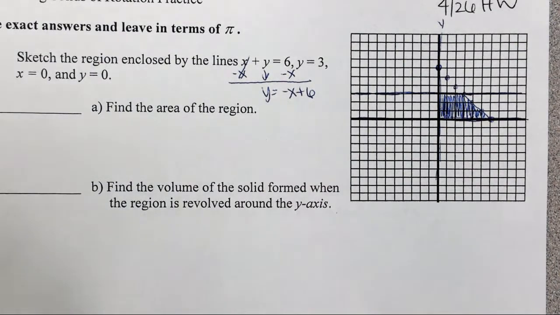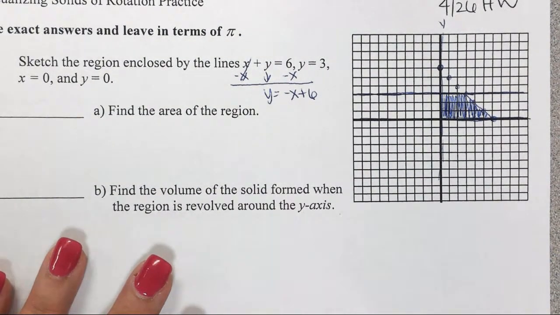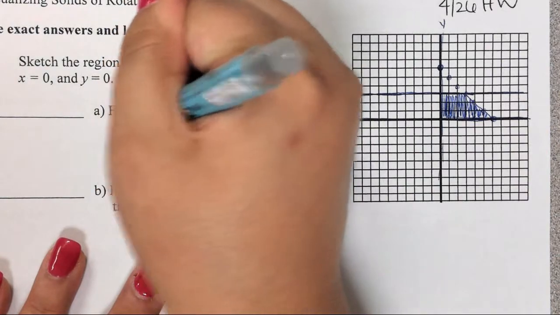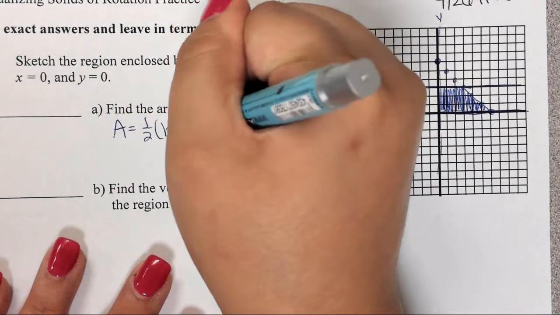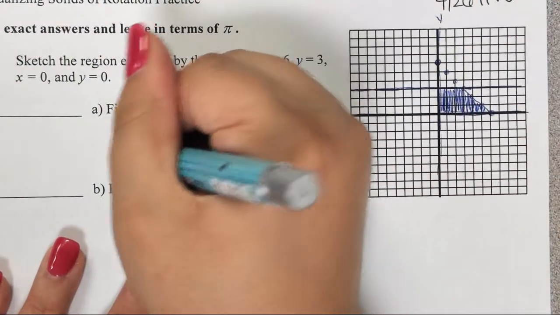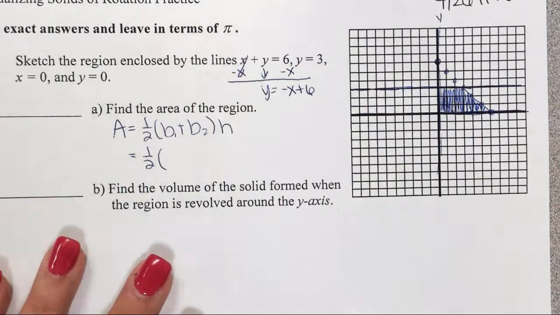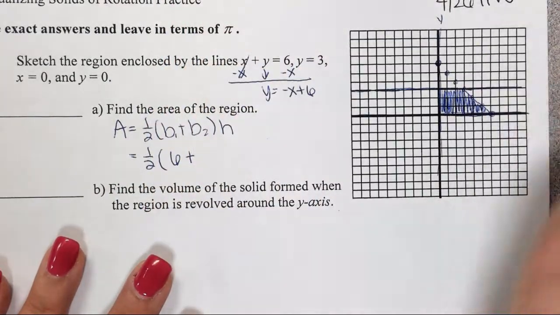Okay? Now, it asks to find the area of the shaded region. Area, it is a trapezoid, is going to be 1/2 times base 1 plus base 2 times the height. What's my first base length? 6. What's my other base length? 3.